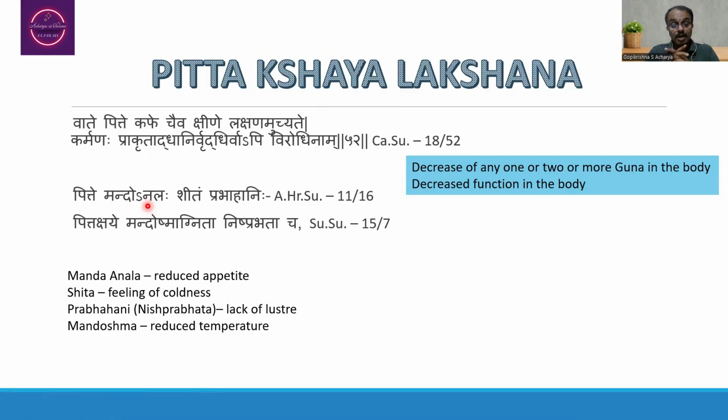Prabhahani, or Nishprabhata, is lack of luster. Mandoshma is reduced temperature, in contrast to objectively observable raised body temperature or raised heat, which can be observed either locally or generally. Mandoshma Agnita is nothing but Mando Analaha.